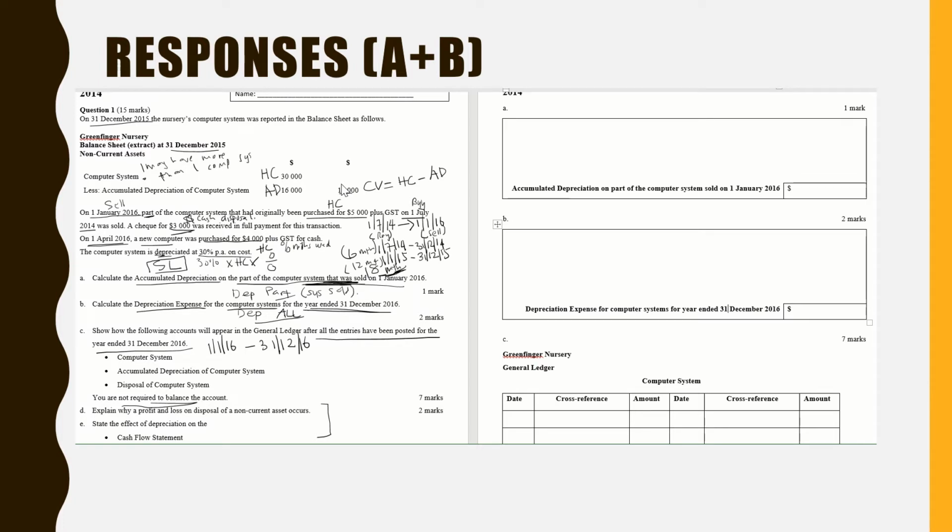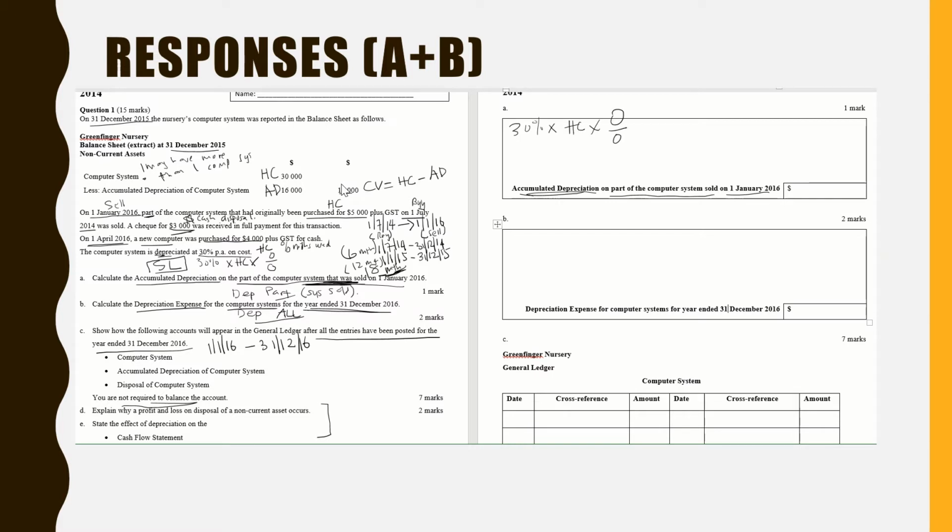So question A, we are calculating the accumulated depreciation on the part of the computer system sold. So remember, only the part of the computer system that was sold on the 1st of January 2016. So when we are calculating depreciation, we have already been given the formula there, which is 30% multiplied by the cost.